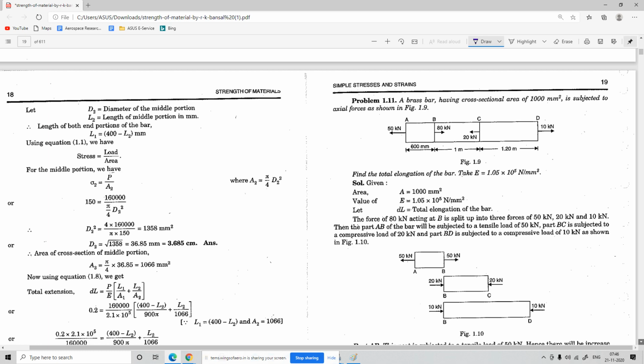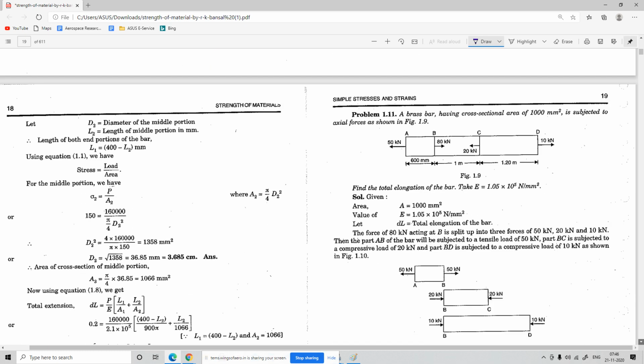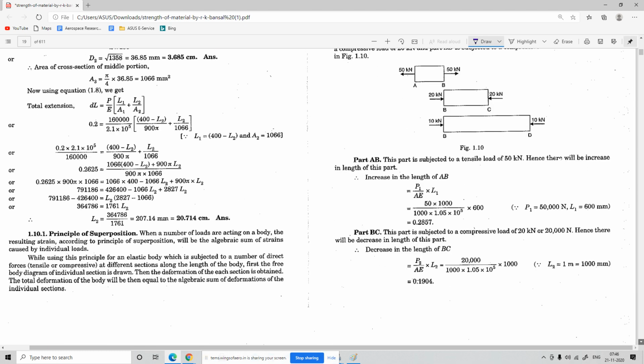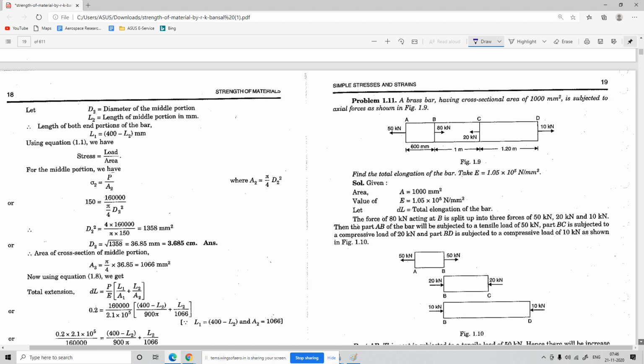Next, we have another kind of problem. This is called the principle of superposition. Just look into this particular problem. It says a brass bar having a cross-sectional area.